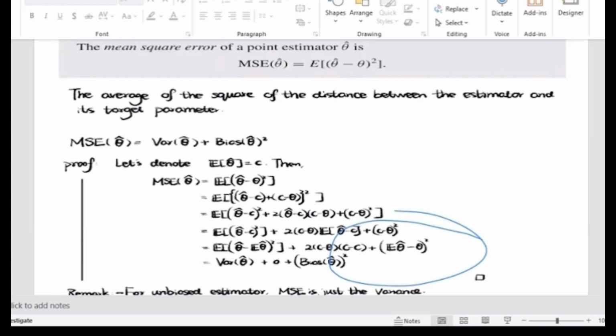If I want to evaluate the goodness, the reliability of a biased estimator, then I'm going to use mean square error. Now, what is the difference between mean square error and variance? I need you to listen now.